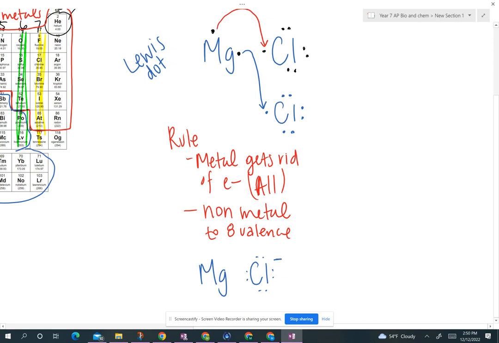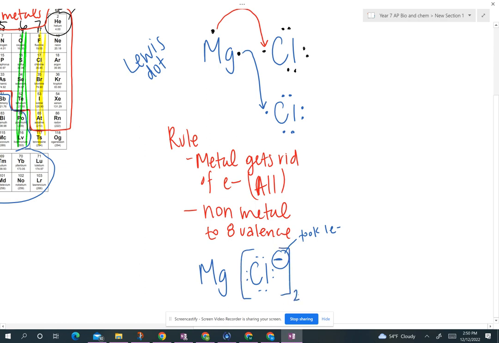Each of my chlorines has a negative charge, and this negative charge means that I took one electron. Now, if this atom took on 2, it would be 2 minus. If I took on 3, it'd be 3 minus. But either way, it took on an electron. In chemistry, we don't write 1, so that is what we see on there.